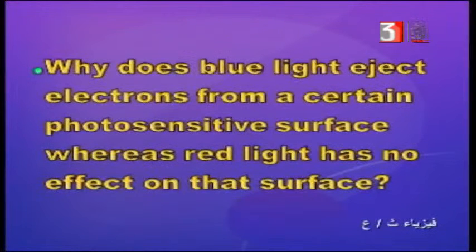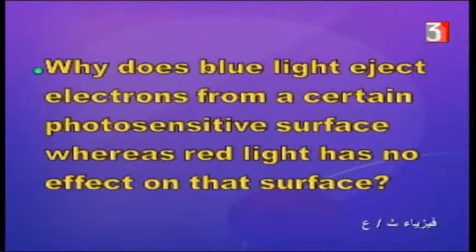We've got another question. Why does blue light eject electrons from a certain photosensitive metal surface, whereas red light has no effect? Blue light managed to extract electrons, but red could not, even if we use very intense red light. What is the difference between red and blue?